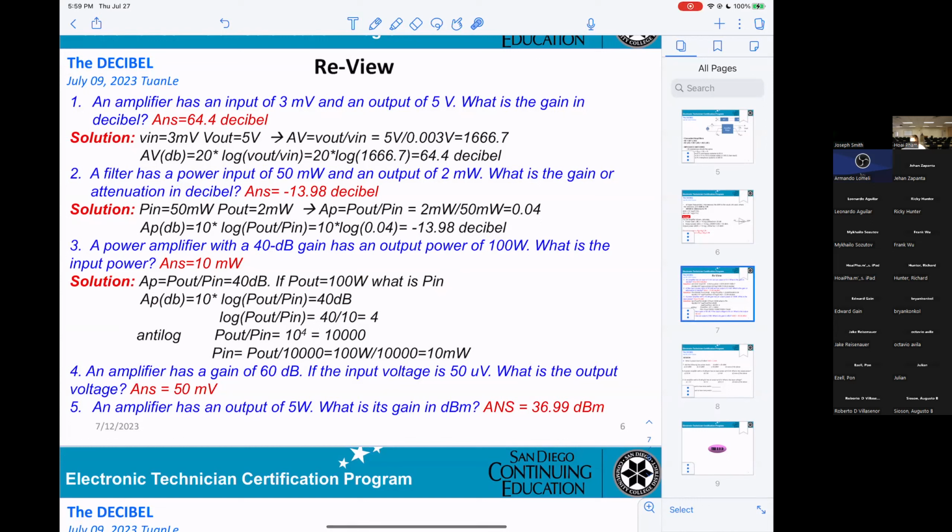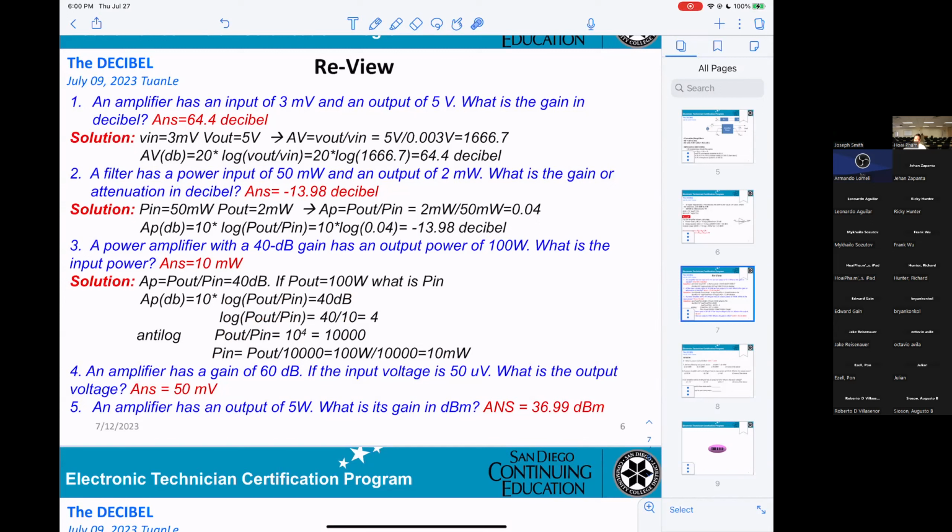Okay, so AP in dB, 10 times log P out divided by P in, equals 40 dB. You want the log only. 40 divided by 10, you get 4. So P out over P in equals 10 to the power of 4, 10,000. Then you can calculate P in equals 10 milliwatt.